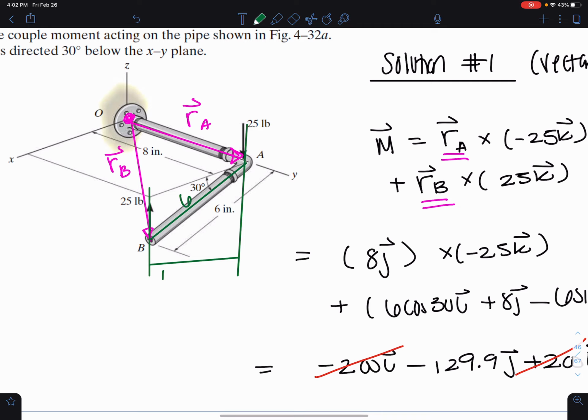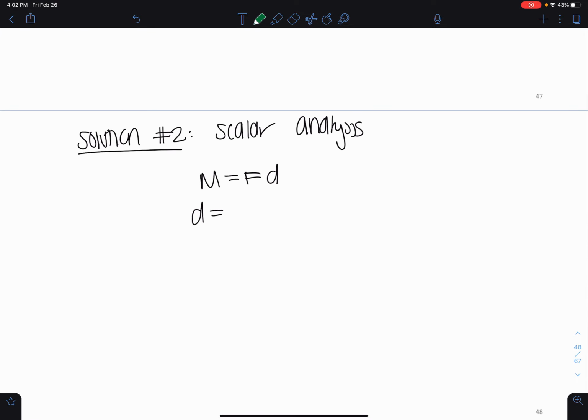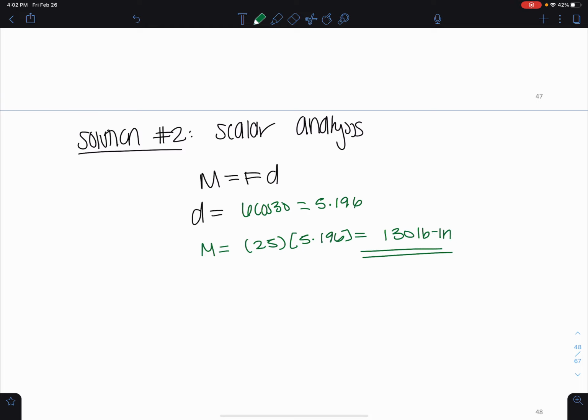That means that this is just going to be 6 cosine 30. That's going to be my D. So it's pretty easy to recognize that, and you can go ahead and say M is equal to 25 times 5.196, which is equal to 130 pound inches.